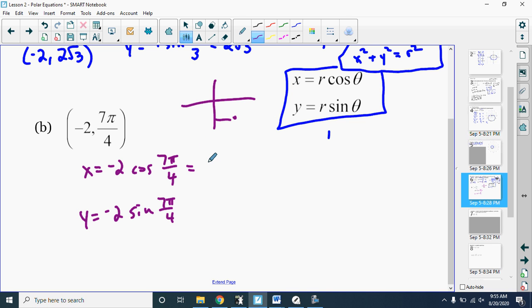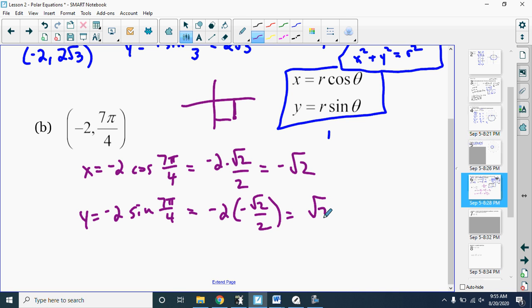Cosine's positive. Sine of 7 pi over 4 is negative root 2 over 2. So my coordinates are root 2, negative root 2.